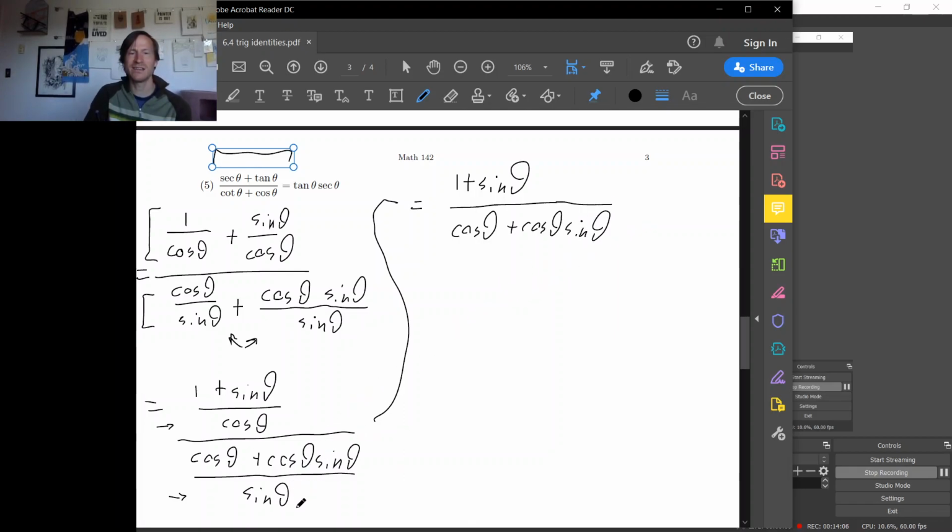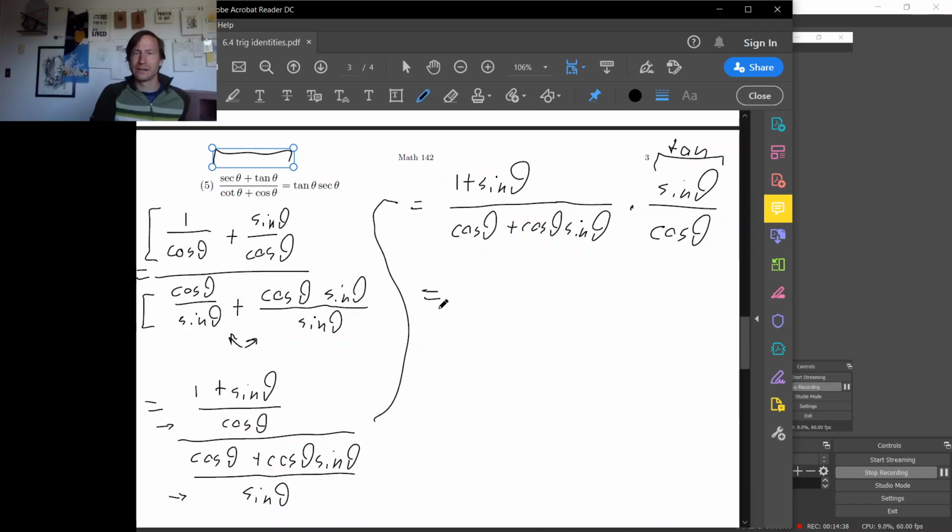So this sine theta is in the denominator of our denominator, so it's really in the numerator. And this cosine is in the denominator of the numerator, so it's really in the denominator. All right. So this piece on the right, sine over cosine, well, that's tangent. So that's looking good. I like having this part here. So this other piece, hopefully it turns into secant somehow.